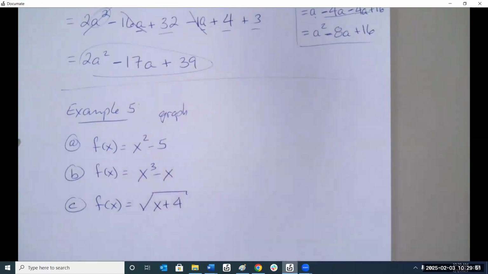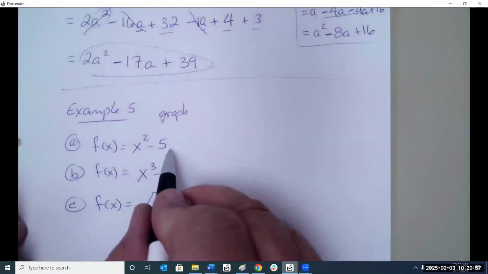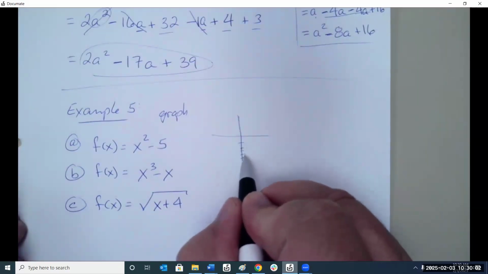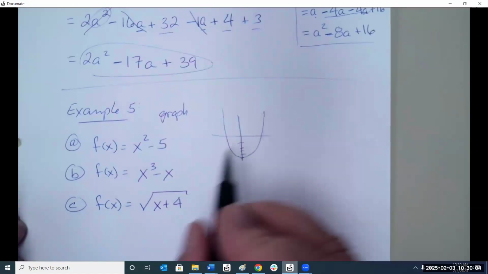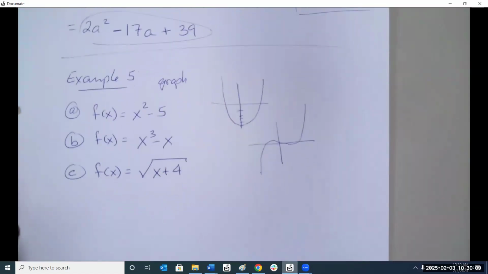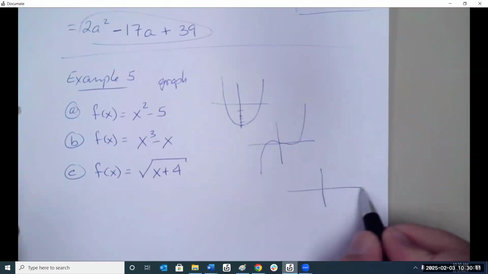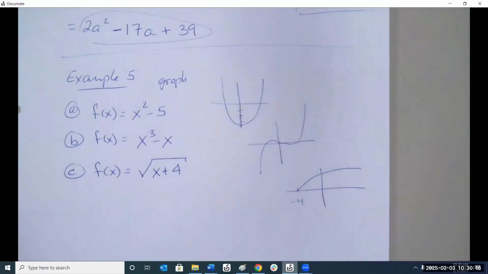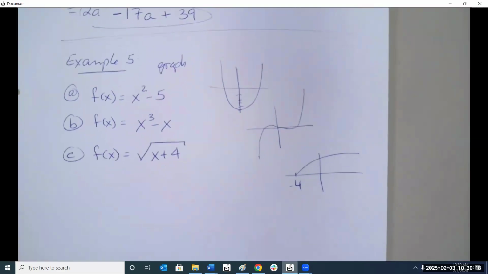We're going to do all these when we do something called transformations, which is the end of next chapter. But I can tell you that this graph will look like this. This one will look like that. And that one will look like that. But we first have to talk about what the basic functions are, and then we'll do those.